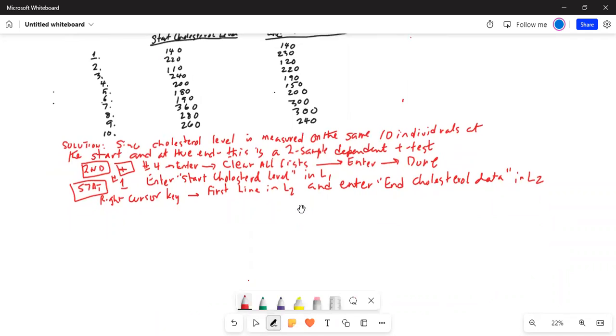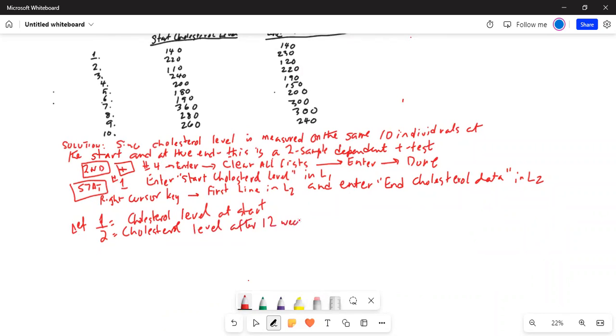So let mu1 be the cholesterol level at the start, and mu2 the cholesterol level after 12 weeks.